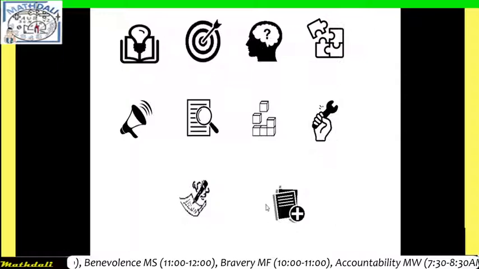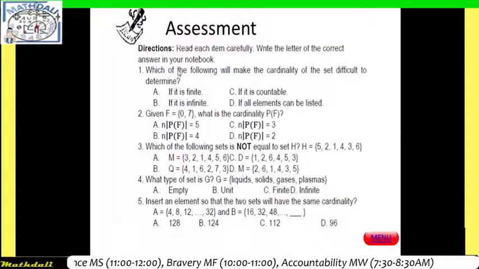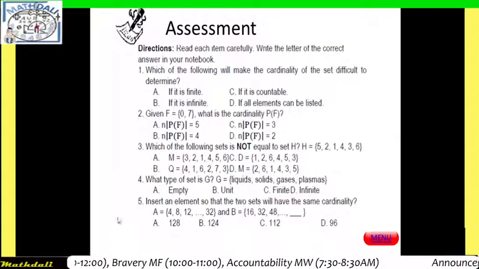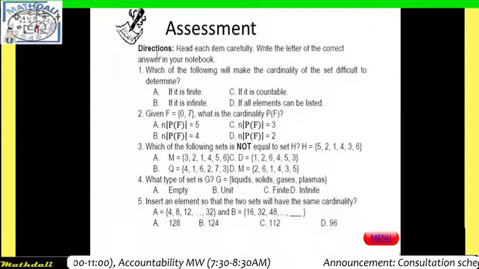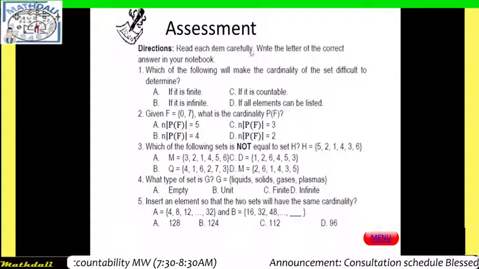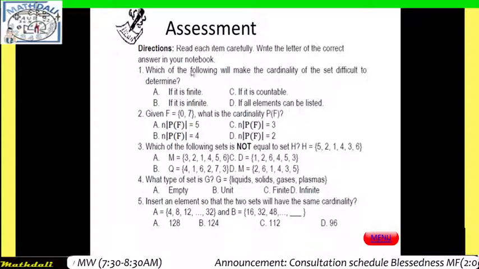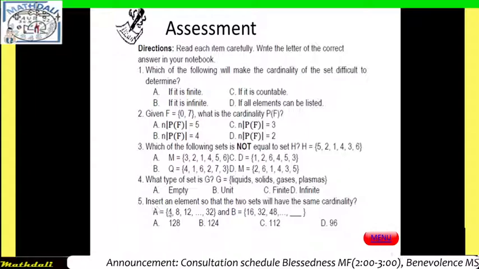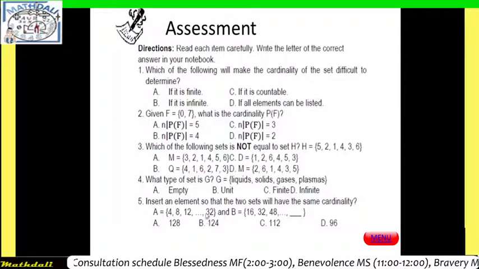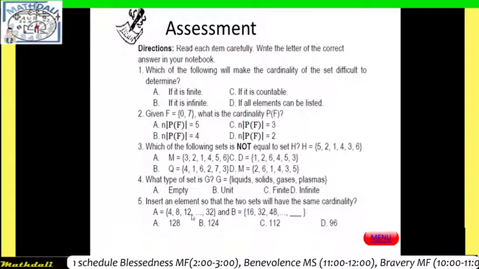And lastly, we have the assessment. May additional activity pa pala, sorry. Sa assessment, you're going to read each item carefully, write the letter of the correct answer in your notebook. So, sasagutan nyo to. Magbibigay ako sa aking susunod na video yung example nito kasi medyo mahirap.